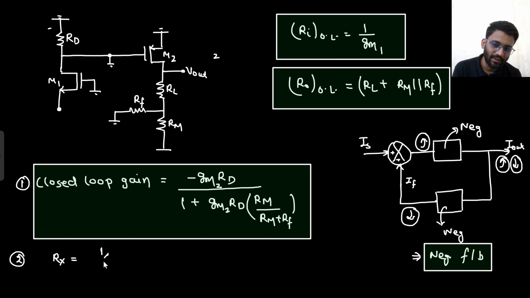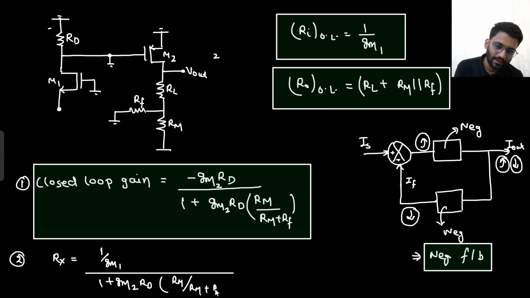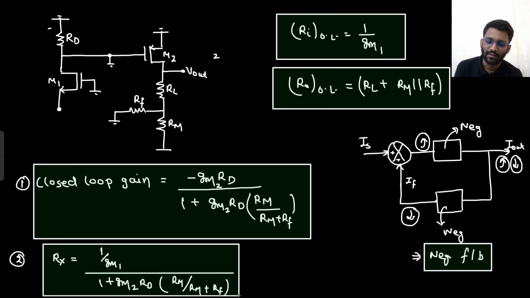So 1 by gm1 divided by this factor, 1 plus gm2 rd into Rm upon Rm plus Rf. This is your Rx.